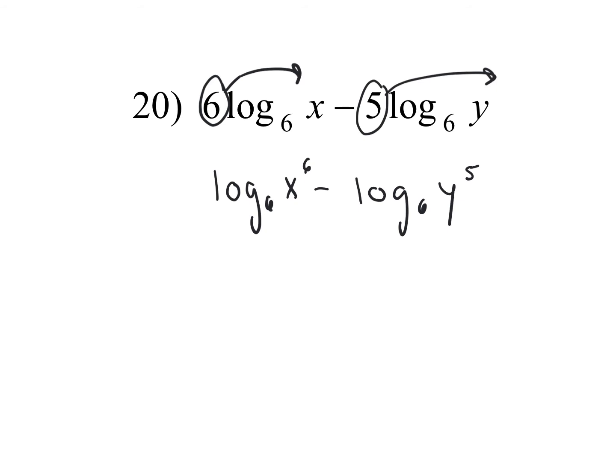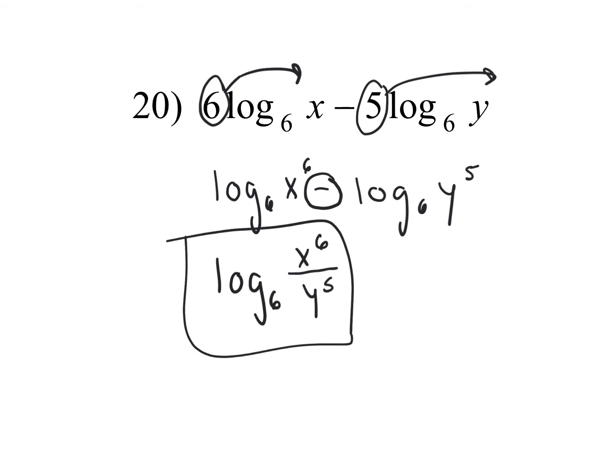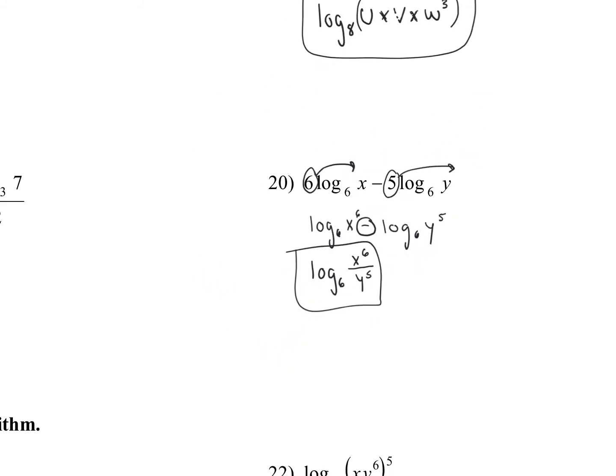To condense, what goes with subtraction? Division. So log base 6, which goes on top? The x or the y? X. The first one always goes on top. So x to the 6th power over y to the 5th power. And that is our answer. Any questions from this section?